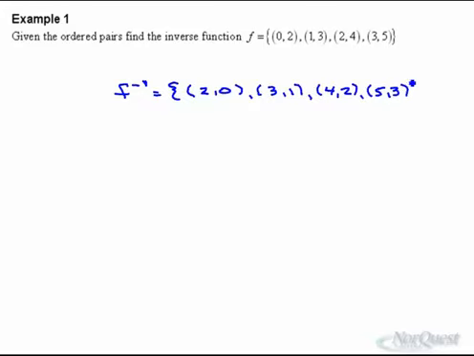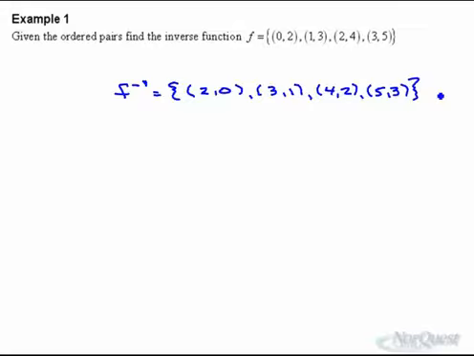So it's really quick to determine the inverse from a series of points. And you'll see in the first two examples that's what I tend to do, to find the inverse by taking points and switching x and y. And when I switch x and y, what I'm really doing is switching domain and range. The domain of the original was 0, 1, 2, 3.